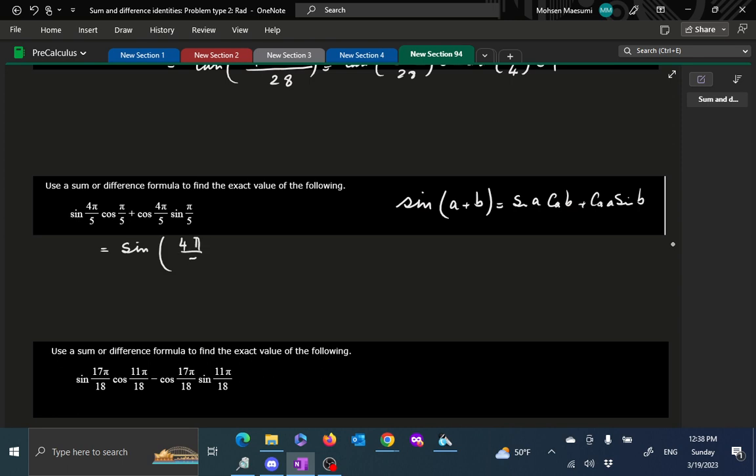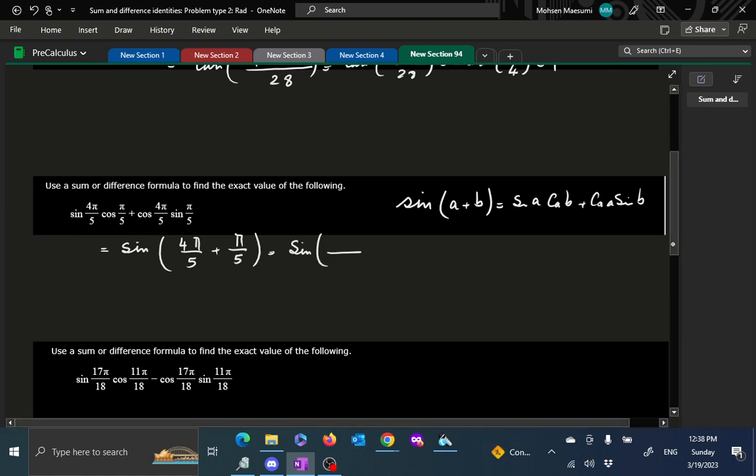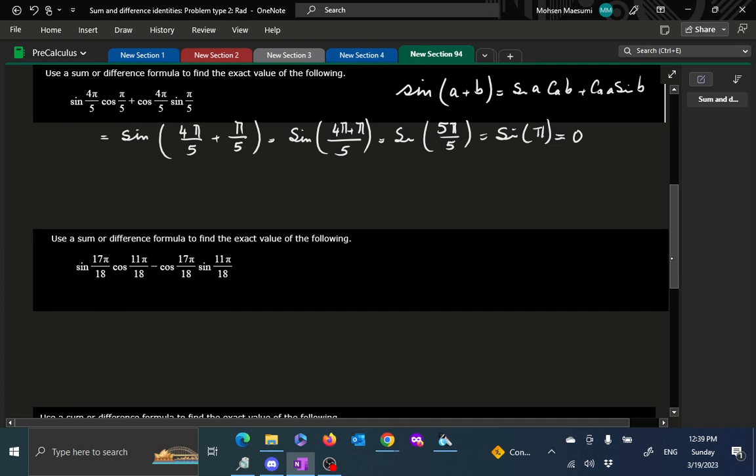We have 4 pi 5th plus pi 5th, and that is of course sine of, when you take a common denominator, 4 pi plus pi, and that is obviously 5 pi over 5, and that is sine of pi. And we recognize pi is one of our famous angles. Sine, we know, is 0, so the answer will be 0.